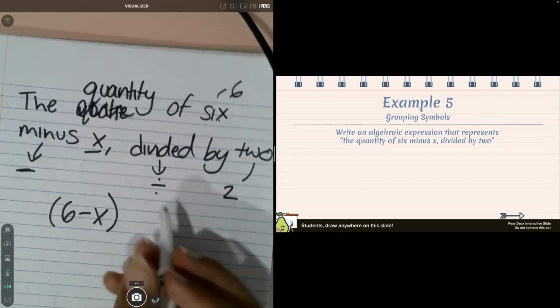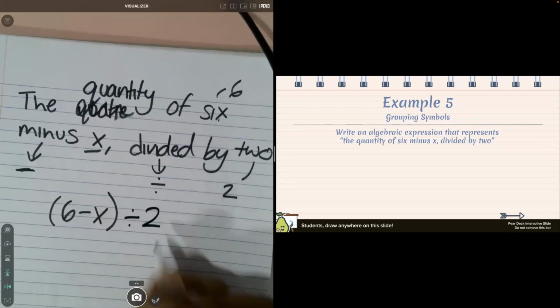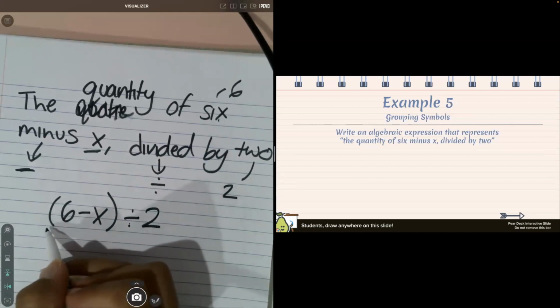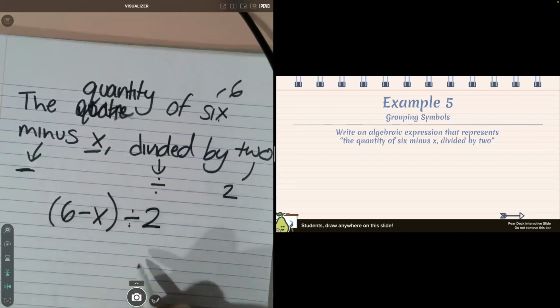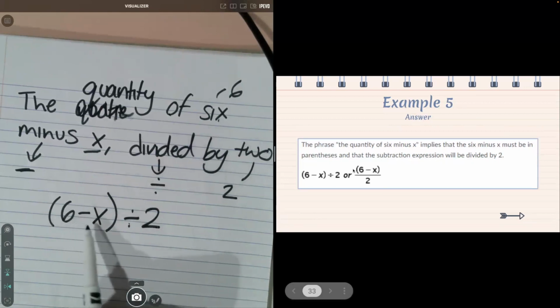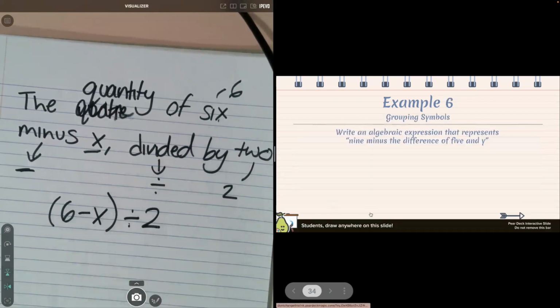And that is going to be divided by 2. So I could either write it divided by 2 like this, or 6 minus x in parentheses over 2. I think it's in the slides too, right? So either way is correct. You just need to write 6 minus x in the parentheses, so it can all be divided by 2.